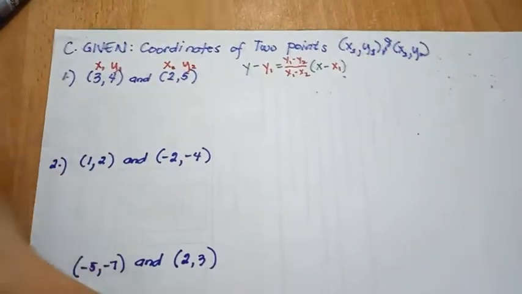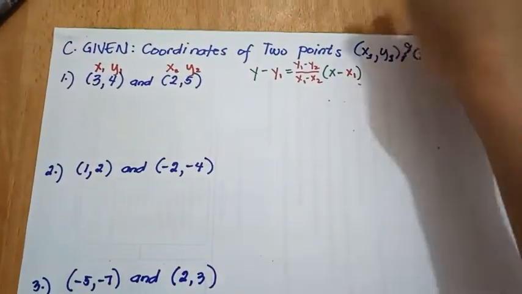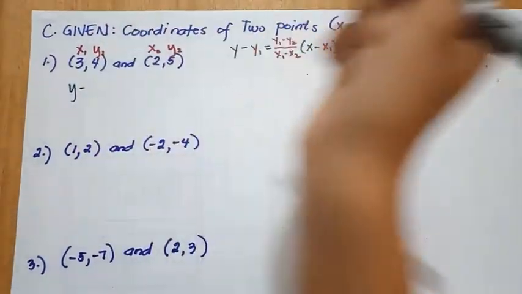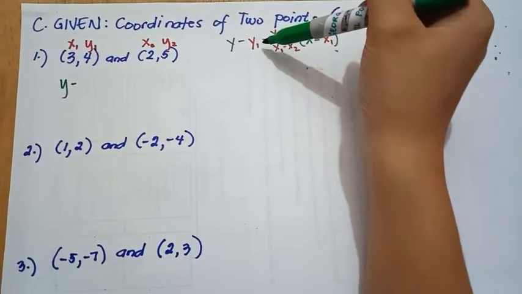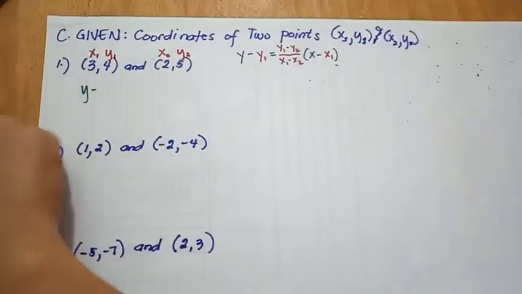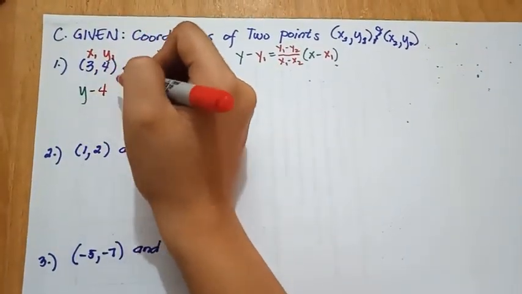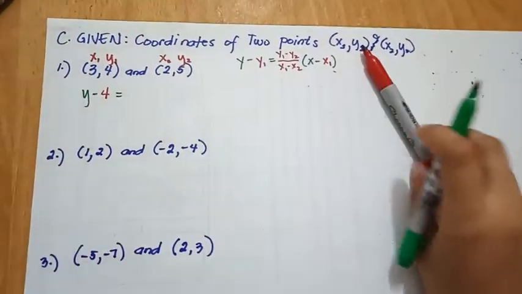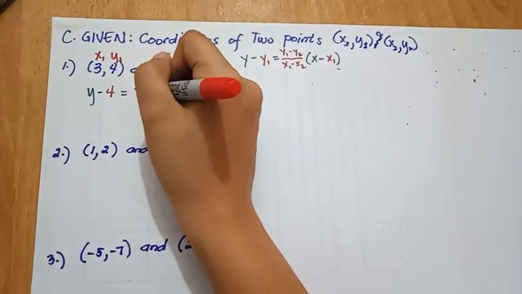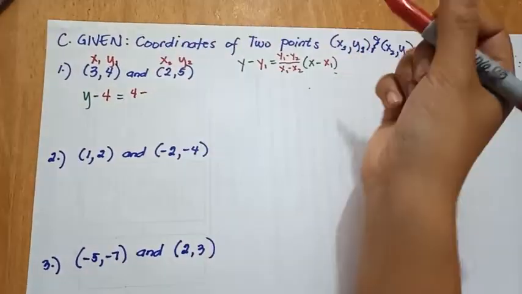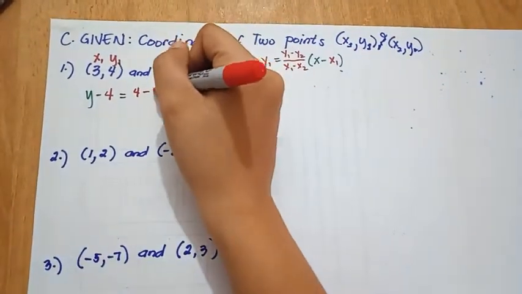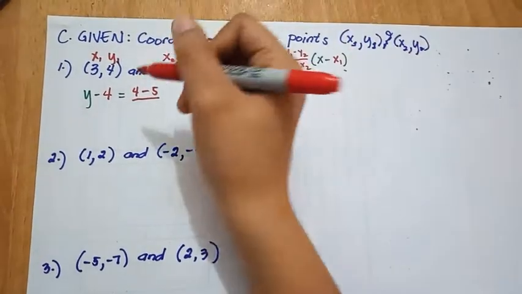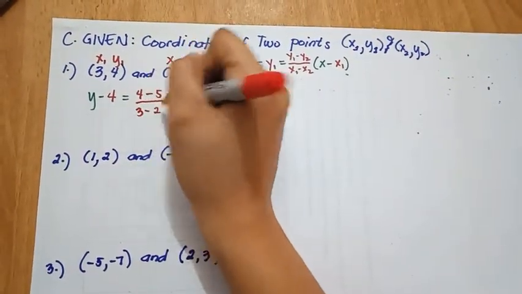Substituting it to our given equation, we will have y minus y sub 1, our y sub 1 is 4, equals our y sub 1 again is 4, minus our y sub 2 is 5, over the difference of our x sub 1 and x sub 2, which is 3 minus 2.